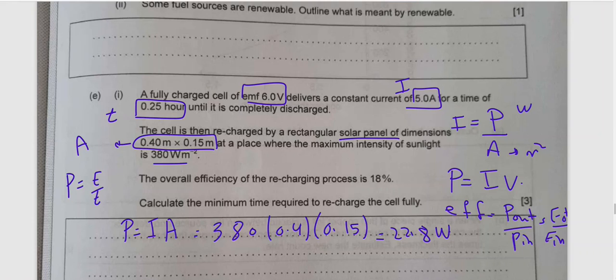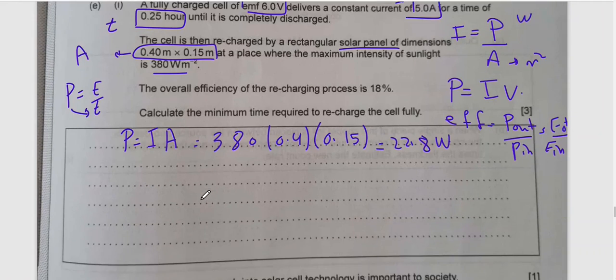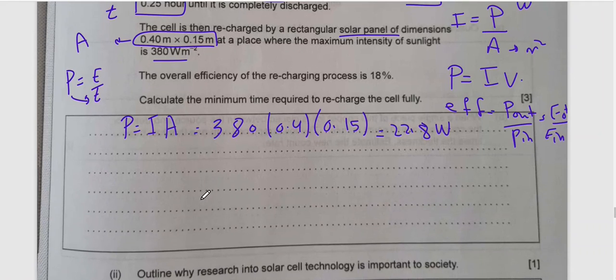Now we know power is energy over time. So if I need the energy delivered or energy out, it will be power times time. So energy out, or E delivered, will be P out, the power delivered, times time. Power is current times voltage, times time.